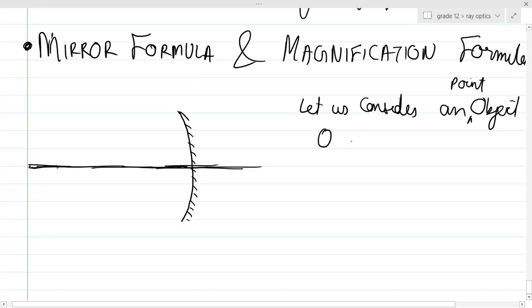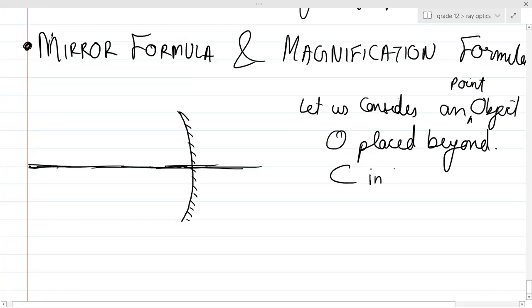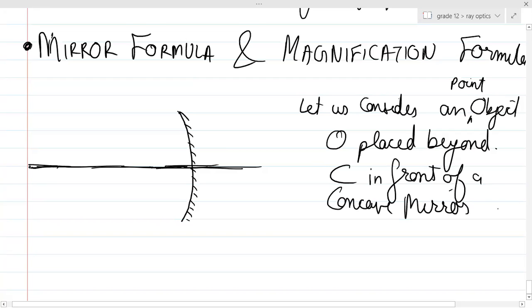Point object O placed beyond C in front of a concave mirror at a distance U. So if this is the center of curvature, let's say my object is placed over here. Is this clear, guys?